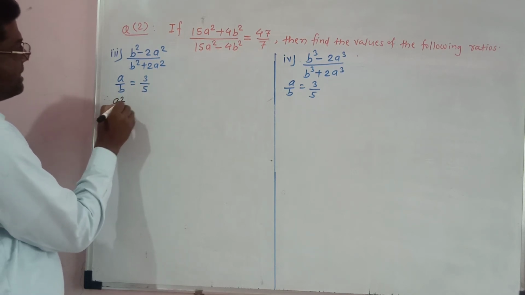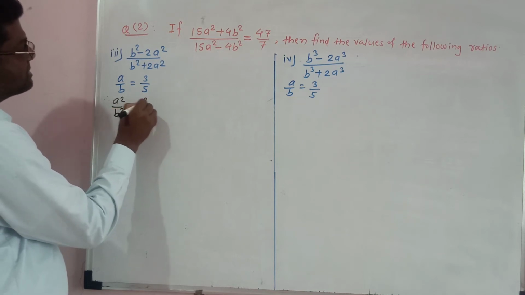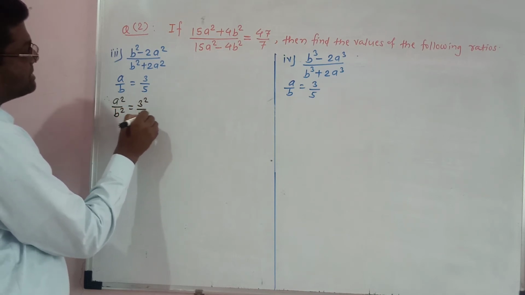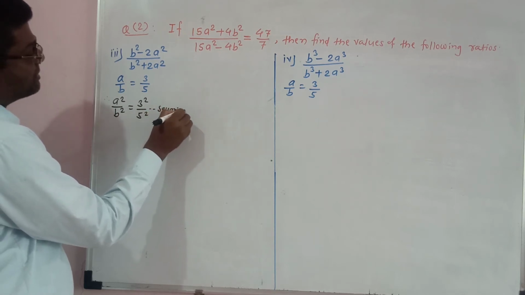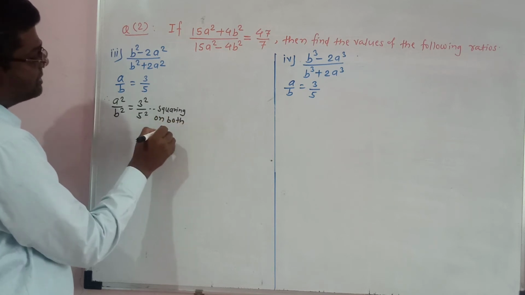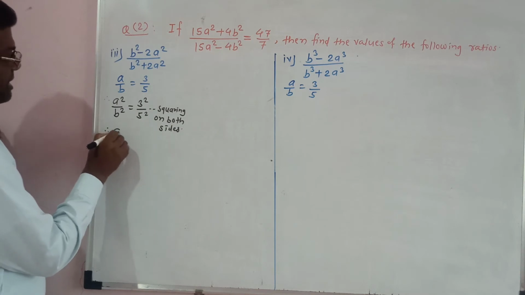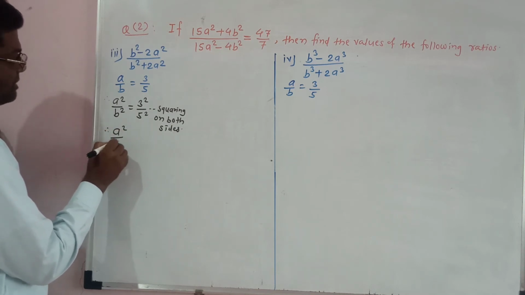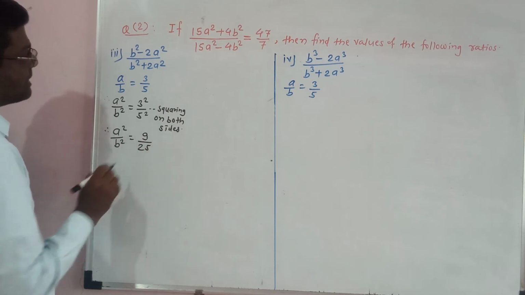Therefore we write a square upon b square is equal to 3 square upon 5 square, and the reason is squaring on both sides. Therefore we have a square upon b square is equal to 9 upon 25.